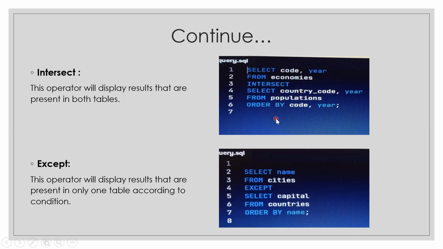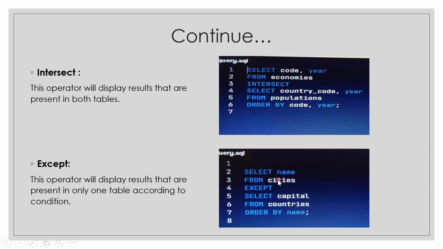So an intersect will display or retrieve results that are present in both tables, for example, economics and populations.